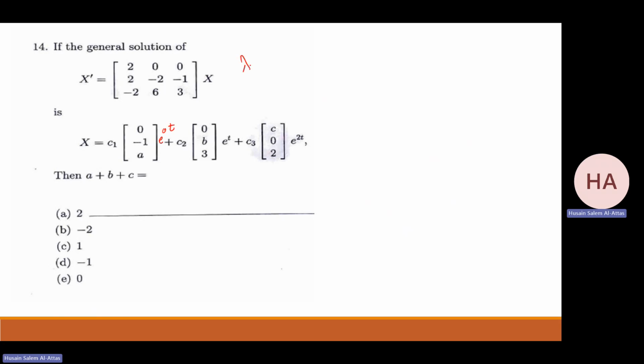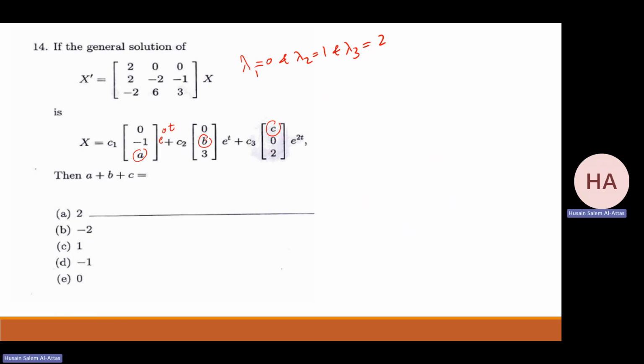So the eigenvalues: lambda 1 is 0, lambda 2 is 1, lambda 3 is 2. But I need to find all the eigenvectors, because A is with the first eigenvalue, B with the second, and C is with the third. So I need to do all 3 eigenvectors.